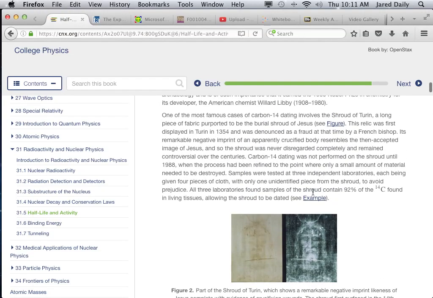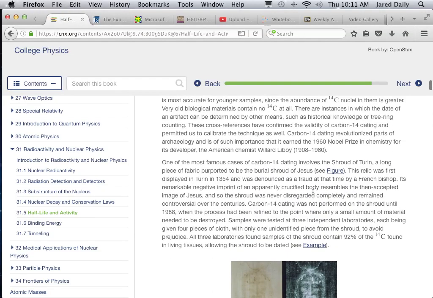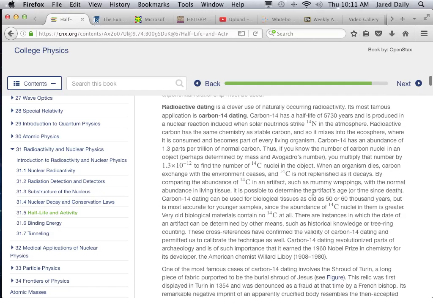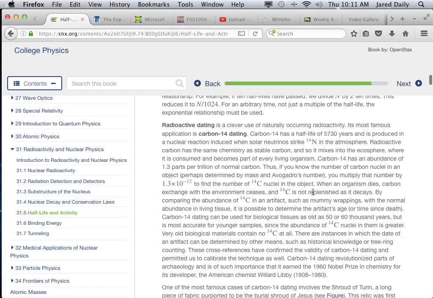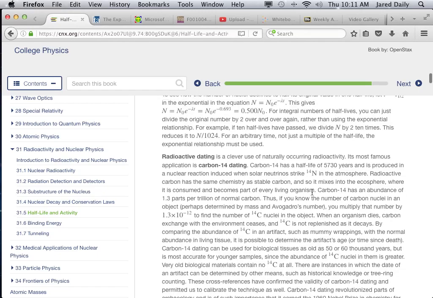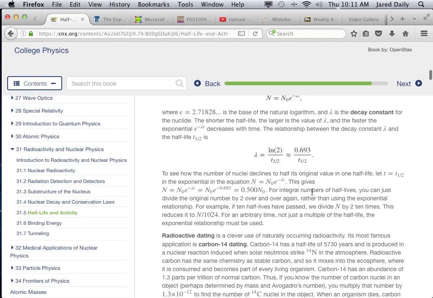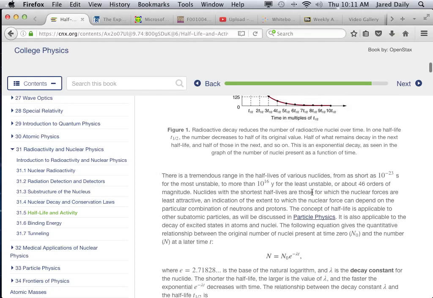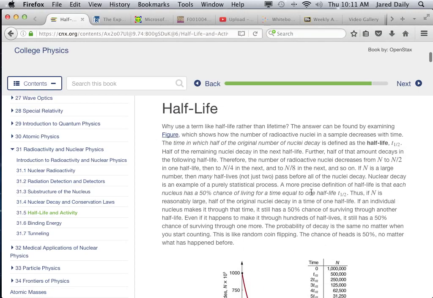But previously in the chapter, it tells us that carbon-14. See if I can find it. The percentage of carbon-14 in living tissue is.